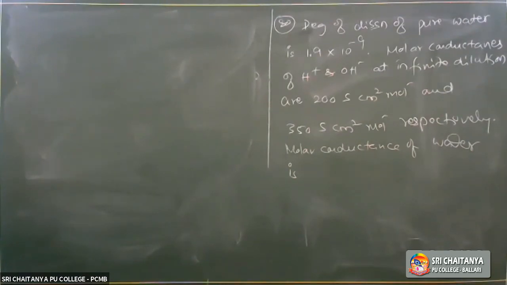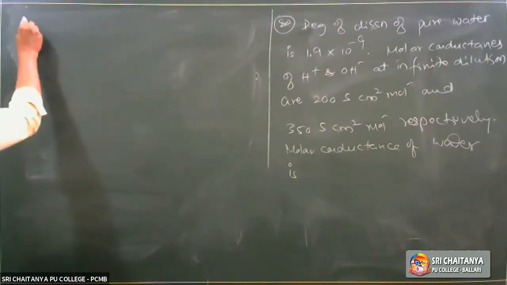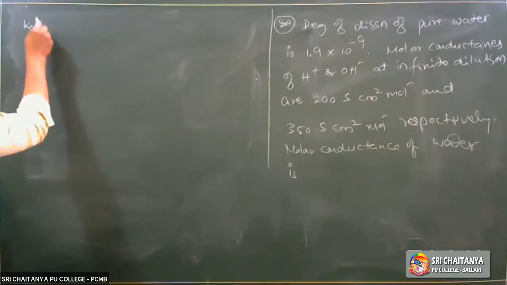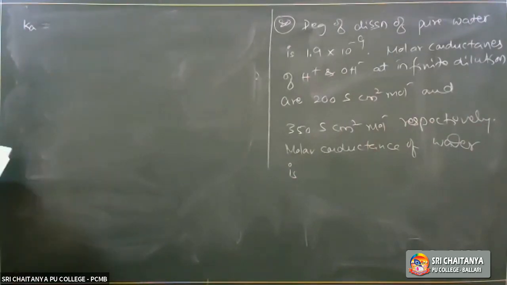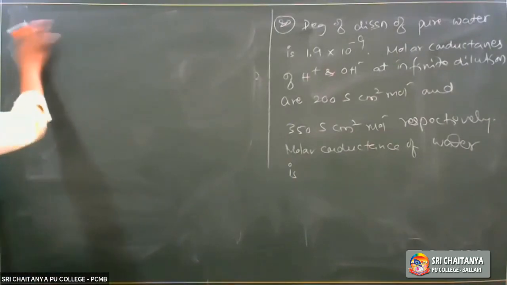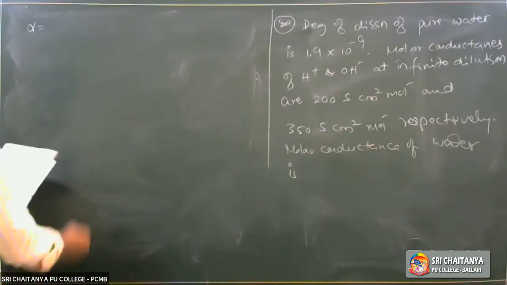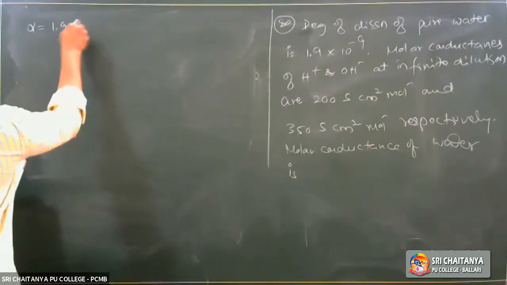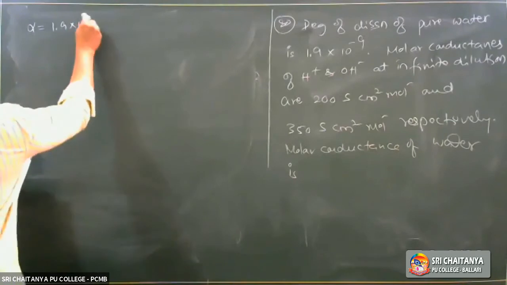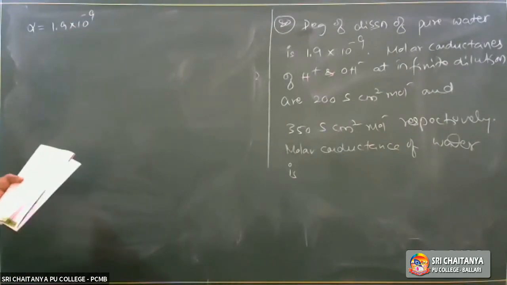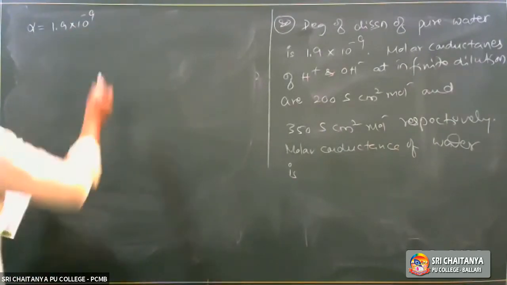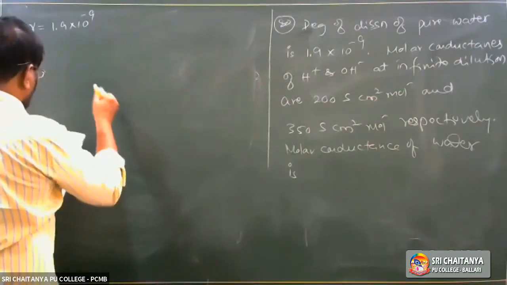So first, here what is all given? See, the degree of dissociation of pure water, alpha, is given. That is 1.9 into 10 power minus 9. Then next one, infinite dilution.